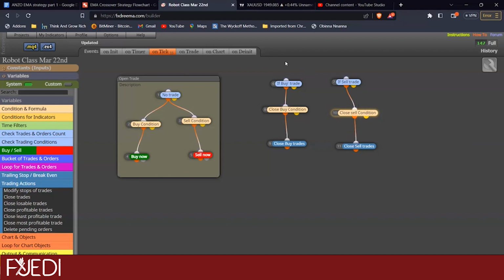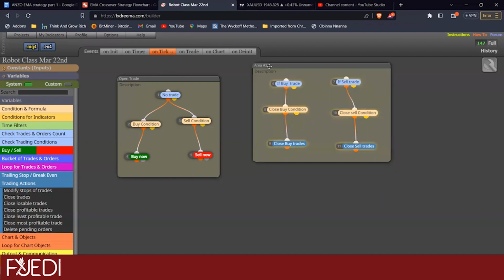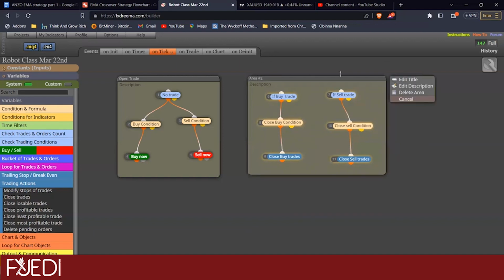So essentially, we can now group this together into one area. Let's create area, and we can rename this to say close area, close trade function. So you can rename it whatever you like.